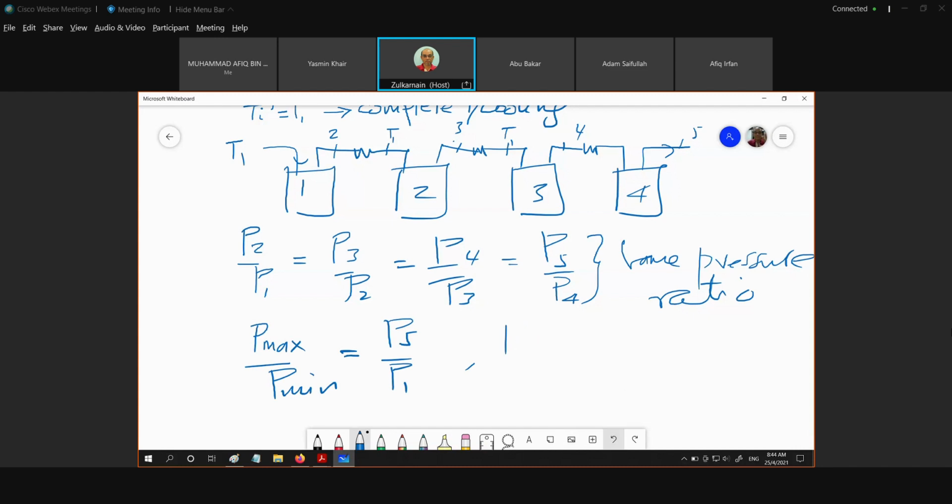Untuk mendapatkan apakah P2 per P1, kalau diberikan same pressure ratio, how to get P2 over P1, which is equal to P3 over P2, equal to P4 over P3, equal to P5 over P4? Gandaan berapa?